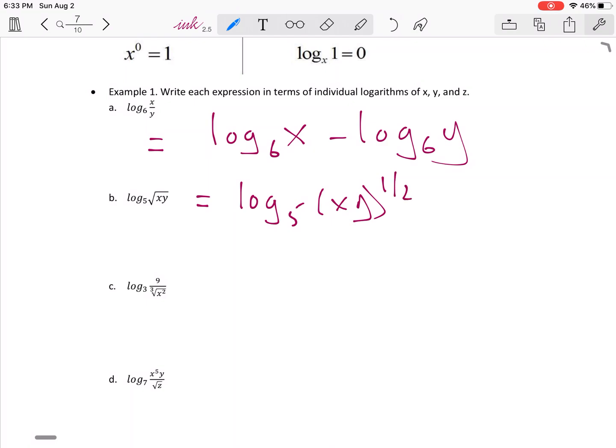So there's our power, and so now it's a product, a multiplication of x, y, so we can separate that as a sum. Okay, so that separates it, and then now that 1/2 that we see, what happens? This is using a different law: that 1/2 goes in front.